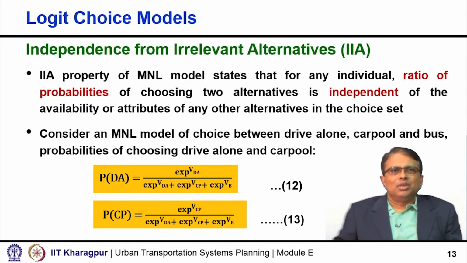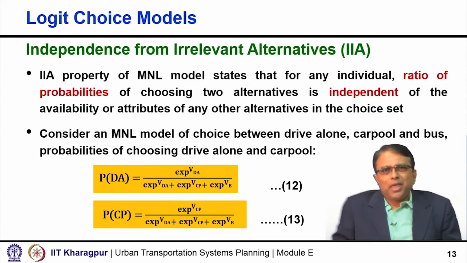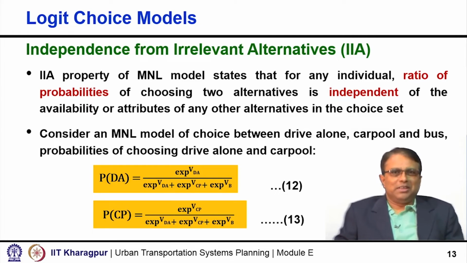So, now with this, we go to another property which is a difficult thing with the multinomial logit model. That is actually called independence of irrelevant alternatives, IIA. What is that? IIA property of MNL model states that for any individual, think of an individual, ratio of probabilities of choosing two alternatives.